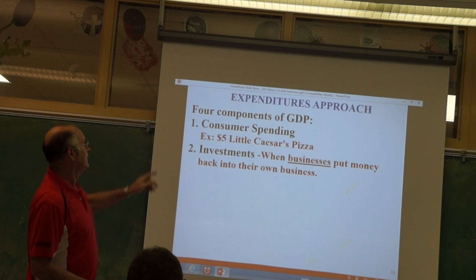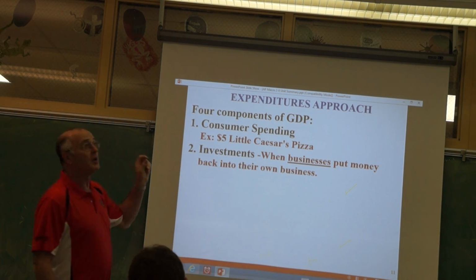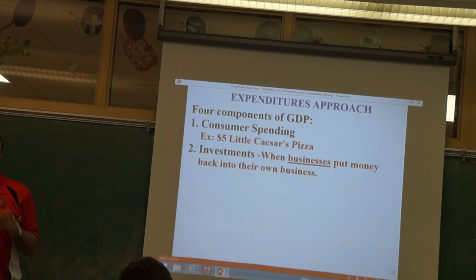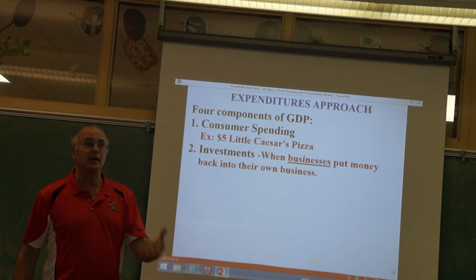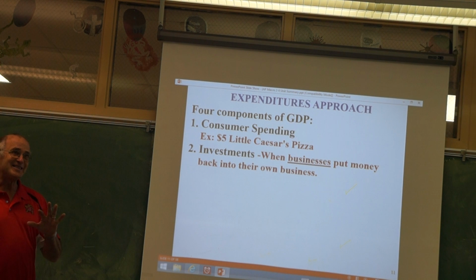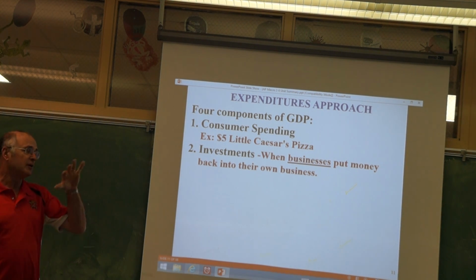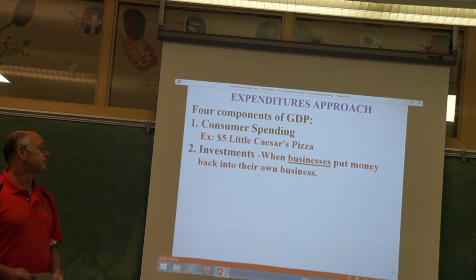Investment is when businesses put money back into their own business, open up factories, or buy machines. That's different than the type of investment we look at with foreign countries investing in our bonds and stocks.